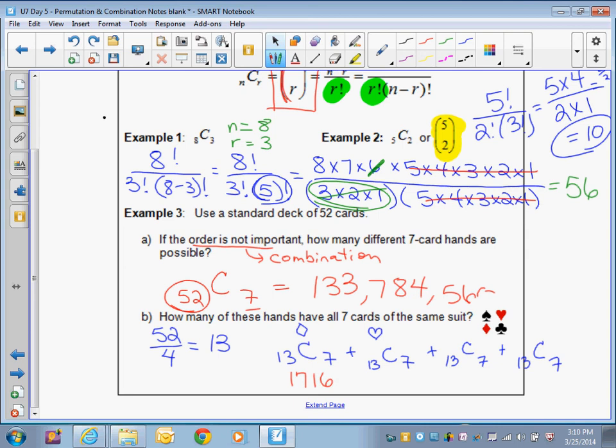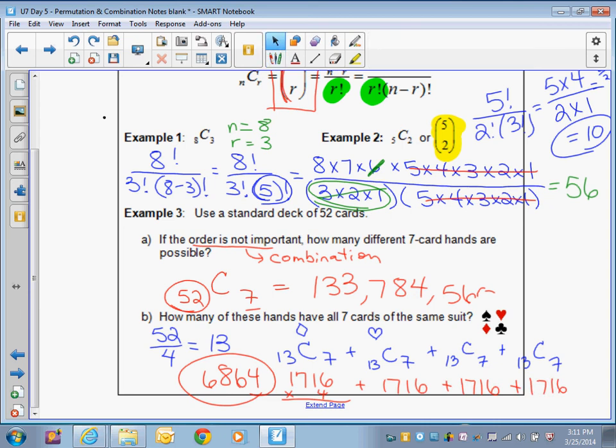And we have 4 of those. So I can add it to 3 others, or I can multiply it by 4, either way. Our total, though, is 6,864. So I got that by taking 1,716 and multiplying it by 4. Or you can simply add 1,716 to 1,716 to 1,716. I'm going to do it for each suit.